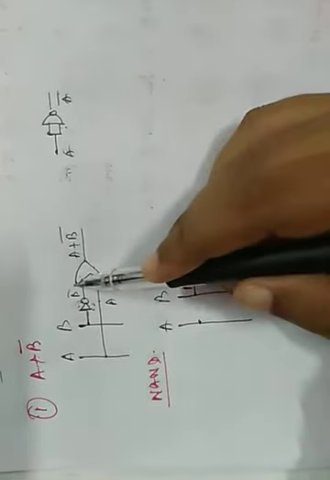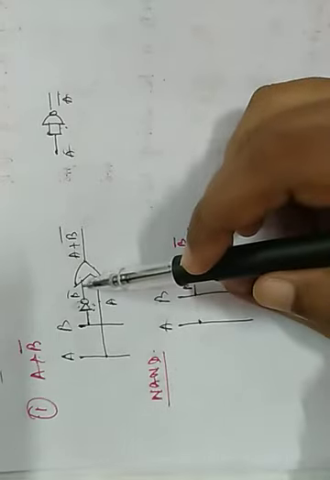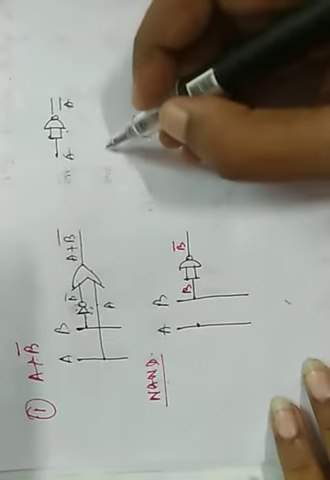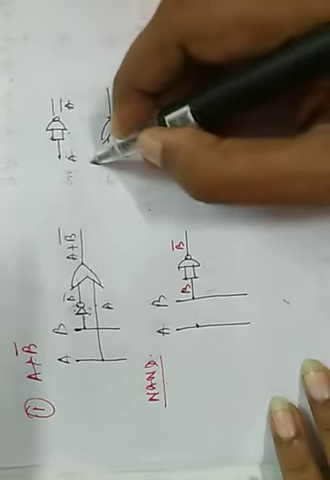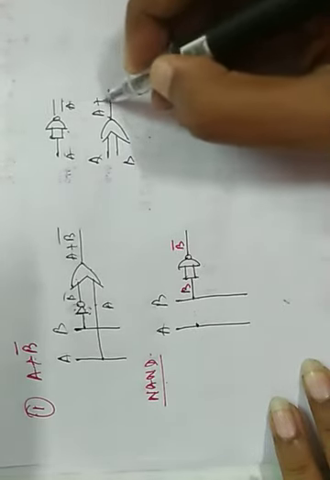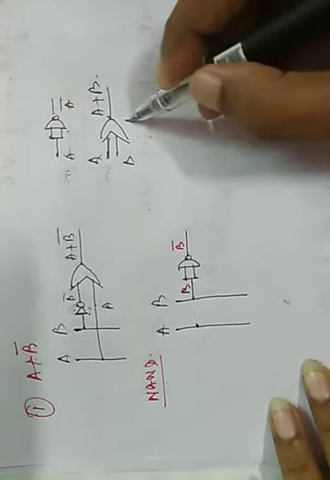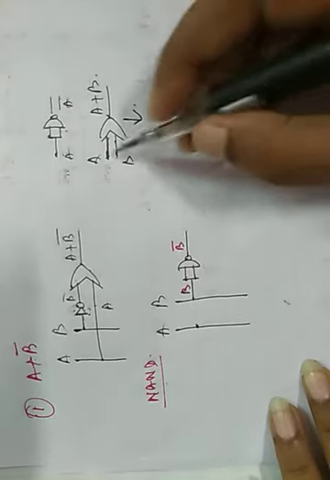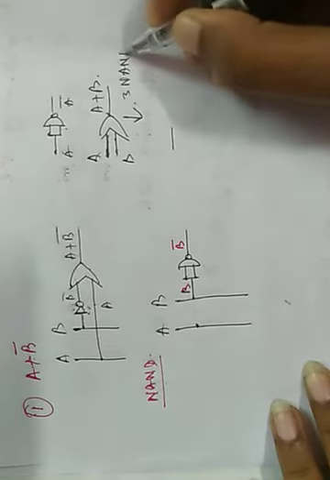Now OR gate. For OR gate and NAND gate the names are not same, so we have to use 3 NAND gates for one OR gate. You can see that if this is an OR gate, just follow it, A plus B. These are input lines, and if we replace it with NAND gates, we know 3 NAND gates are required.